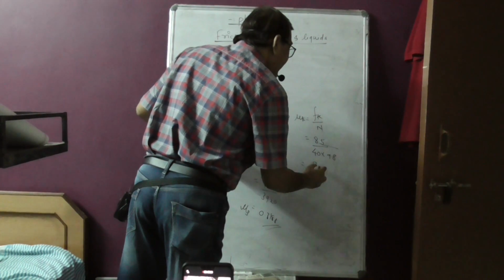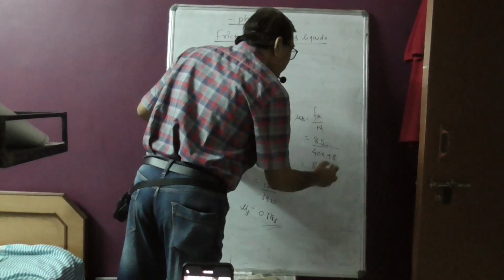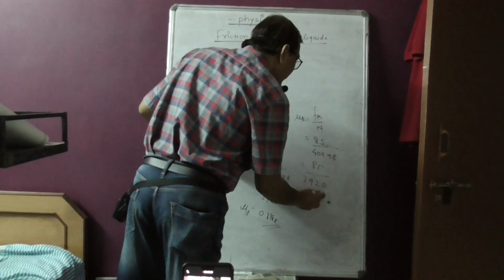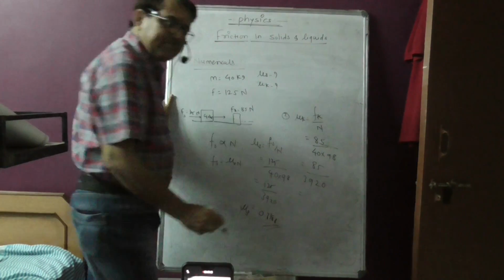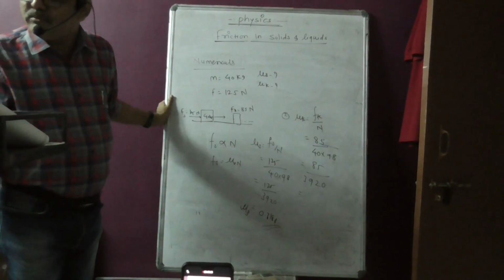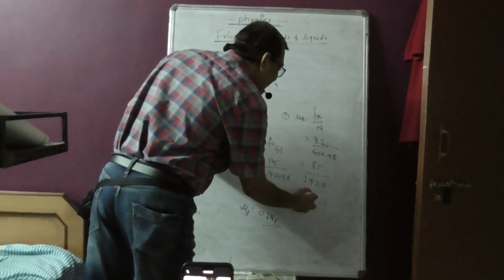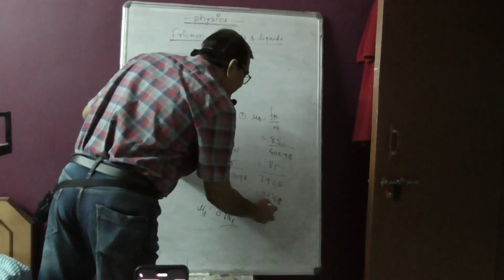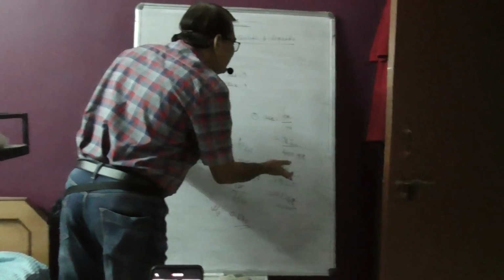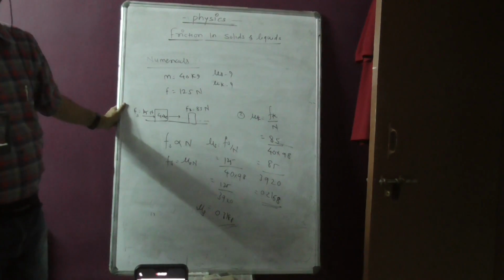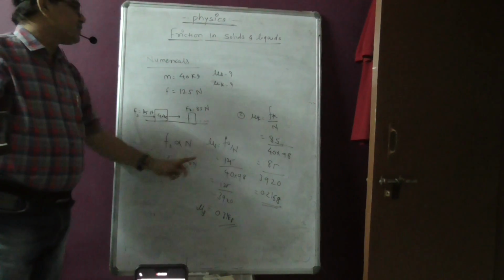So 85 upon 392 gives the answer 0.2168. What is the unit? There is no unit, because this is also Newton and this is also Newton, so it is a coefficient. That is how you have to solve this problem.